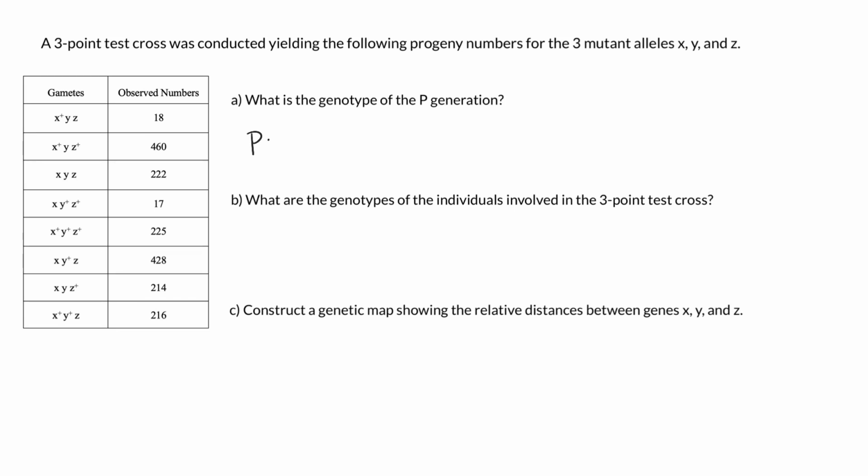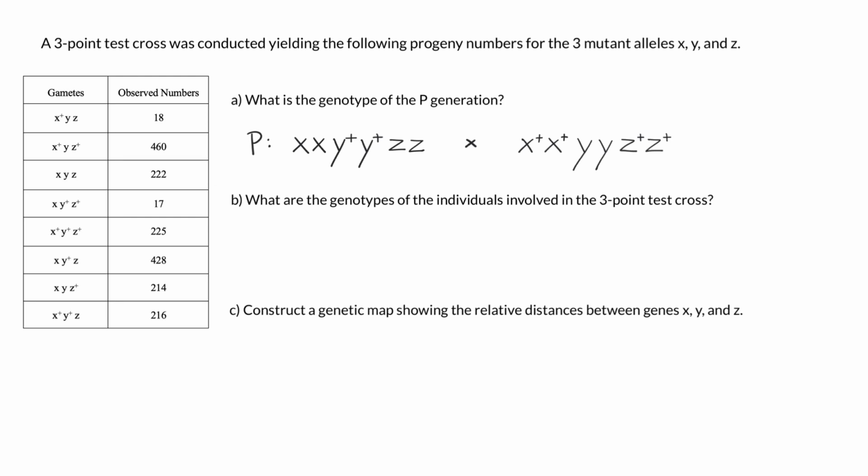As a result, the parental genotypes will be X, Y plus, Z, and X plus, Y, Z plus. Remember that the parental generation is purebred and thus will be homozygous for these traits.